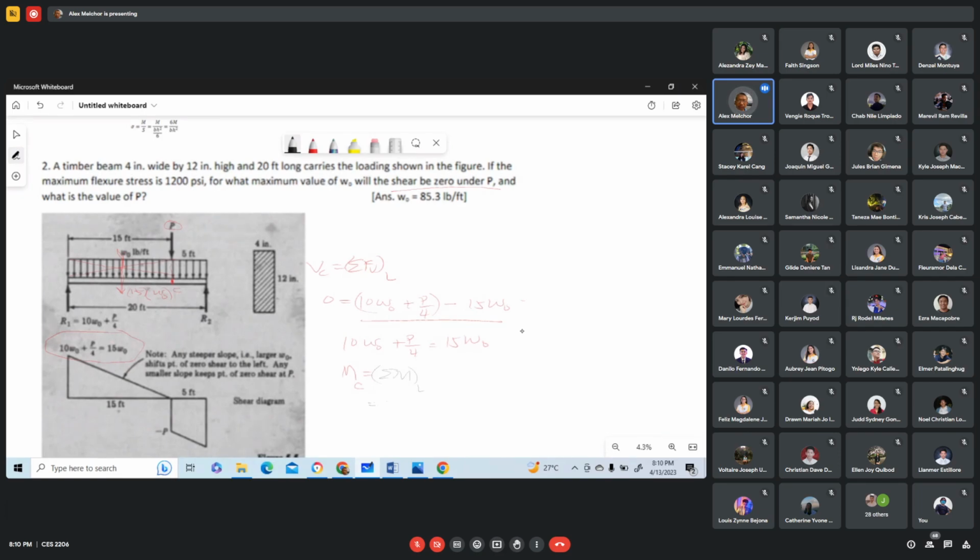So that is equal to 0 plus the area of the shear. And the area of the shear, that's from that section to that section, which is this area here. So this is equal to 0 plus positive area, 1/2 times 15 times 10 W sub O plus P over 4.